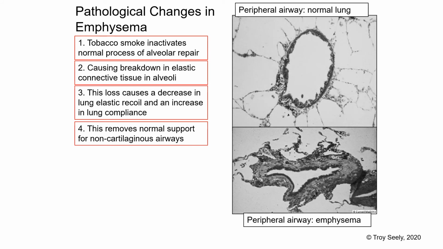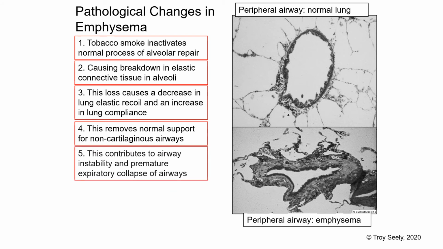So in a normal lung, if you were looking at a peripheral airway, that would be the example of it. But the airway related to emphysema has just here collapsed upon itself. Its integrity is no longer sound. So this contributes to airway instability and premature expiratory collapse of the airway.